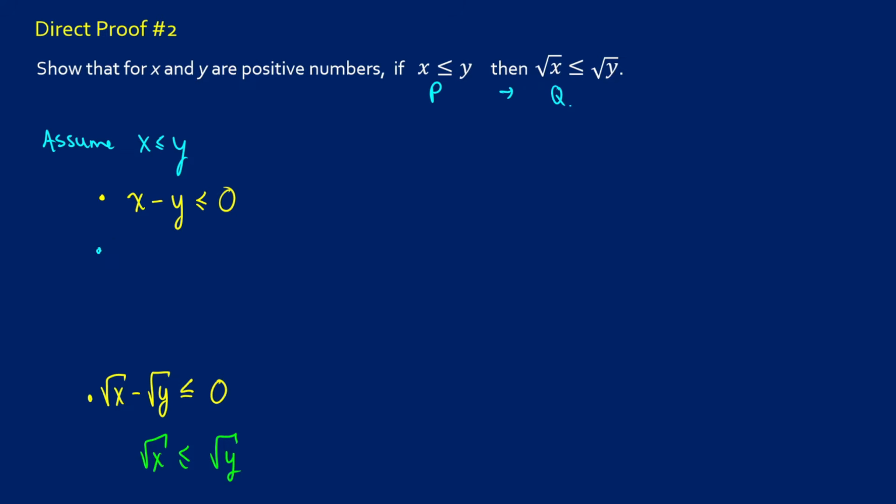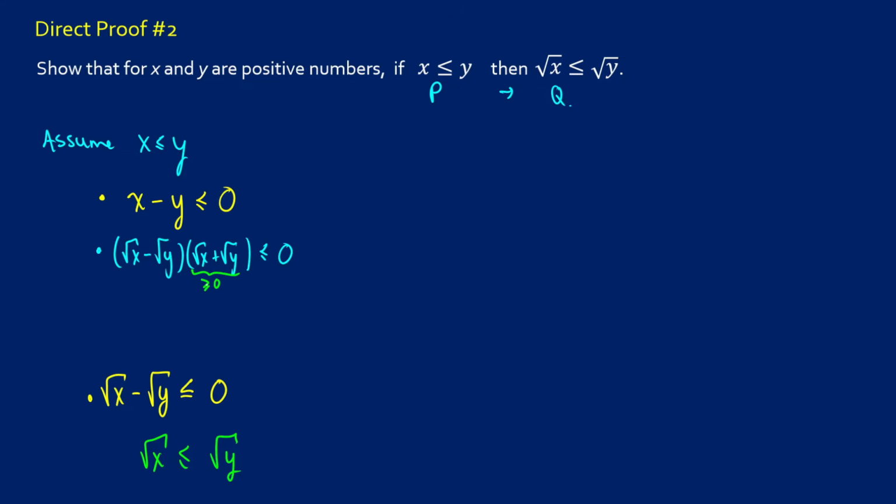So what I'm going to do is factor x minus y, because this is a difference of squares. So we know this is the same thing as the square root of x minus the square root of y multiplied by the square root of x plus the square root of y, and that's going to be less than or equal to 0. What we also know is that x and y are positive numbers.